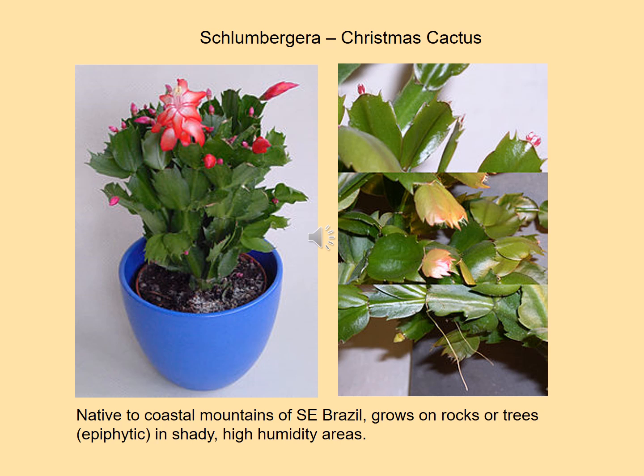This plant, although we see it in houses and pots all over our nation, even in the Midwest where I used to live, people have this inside on their table and it blooms around December. It's native to the coastal mountains of southeast Brazil, grows on rocks and trees, so it's epiphytic, growing on top of other things in shady, high humidity, warm climates. So again, an indoor plant unless you're in a warm climate.